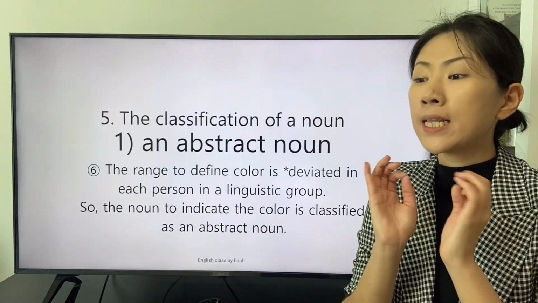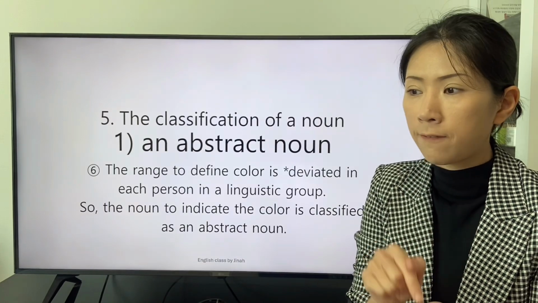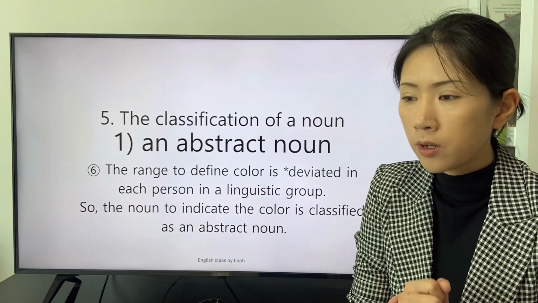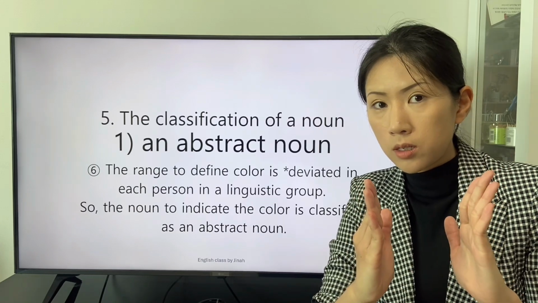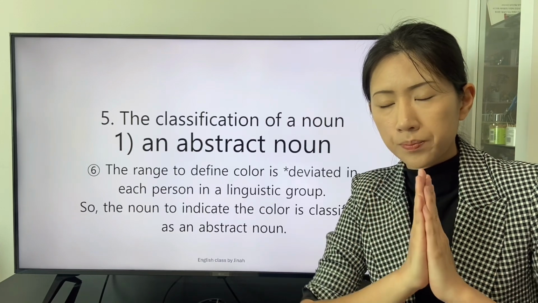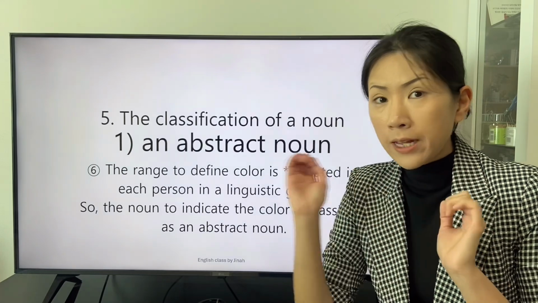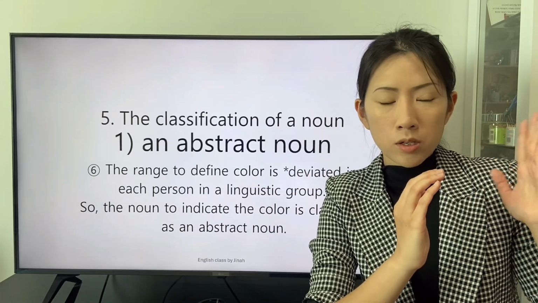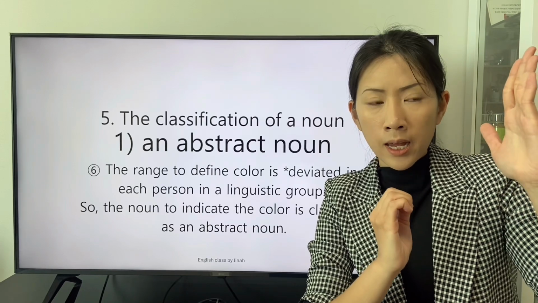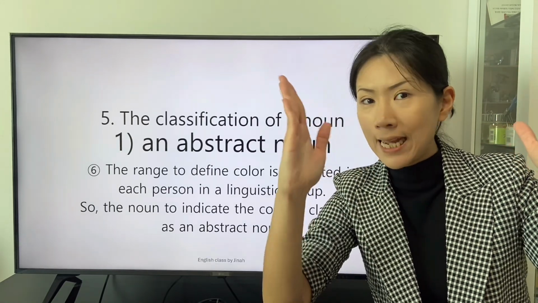A person can define the starting point of blue from this point, this. But the other person can define the color blue with the starting point of this and the ending point of this.